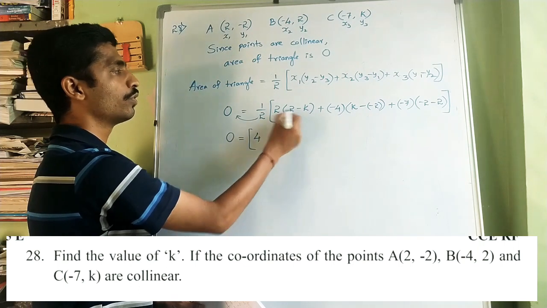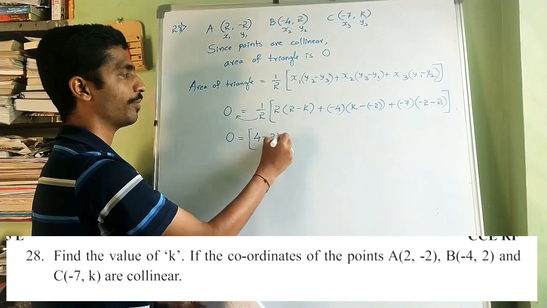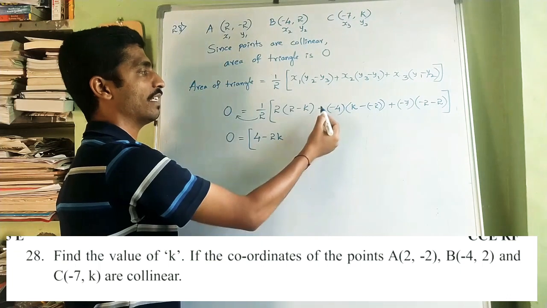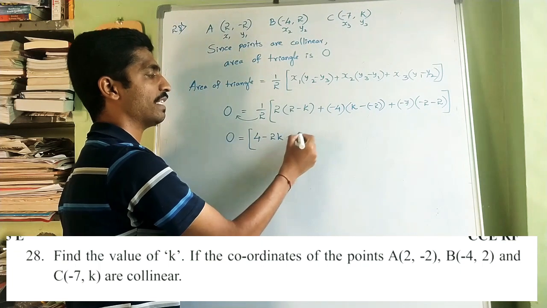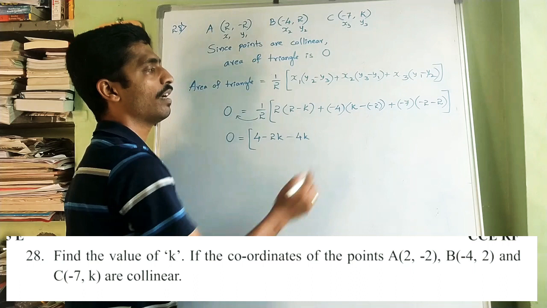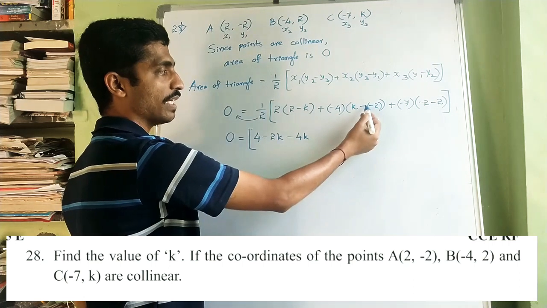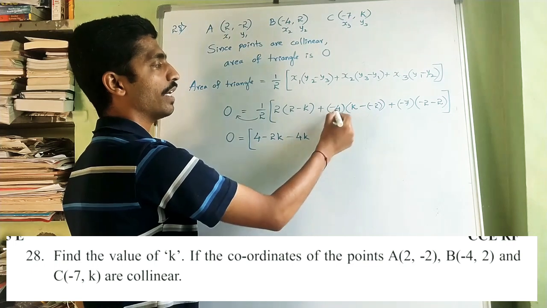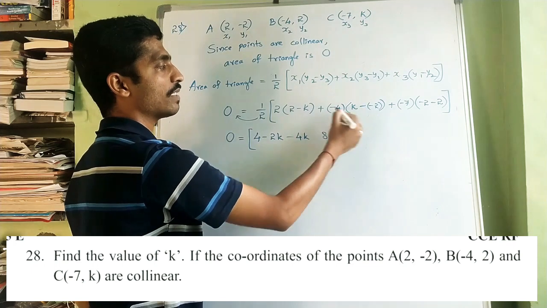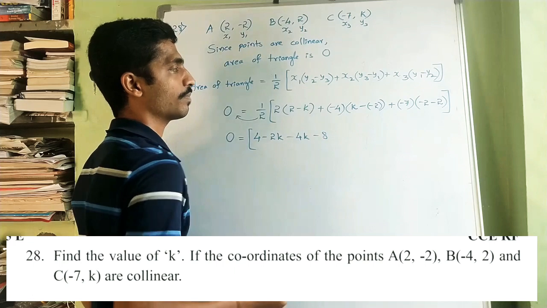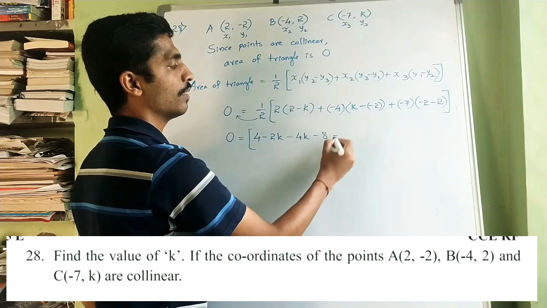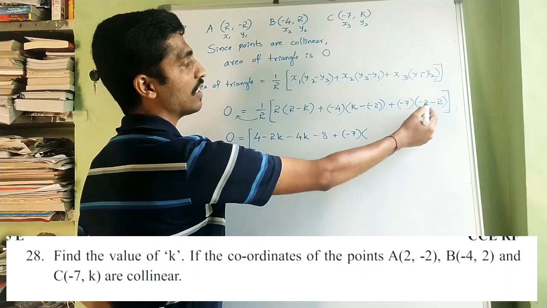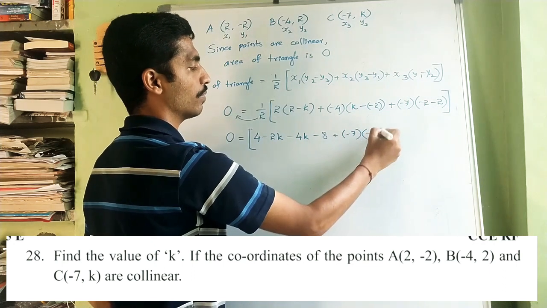now 2 into 2, 4, 2 into k, minus 2k. And here minus 4, k is there, so plus into minus, minus 4 into k, k, and minus into minus becomes plus, 4 into 2, 4 2s are 8. Okay, and minus is there, so it becomes plus, minus into plus, minus. Next, plus minus 7 into, first we simplify that, minus 2 minus 2, minus 4.